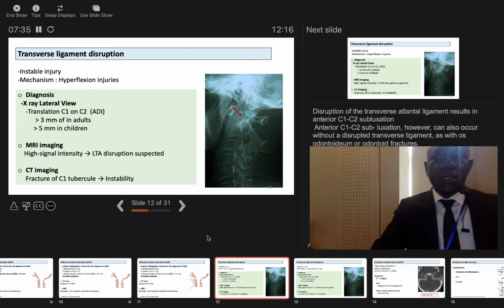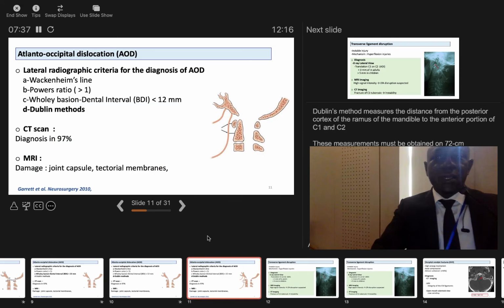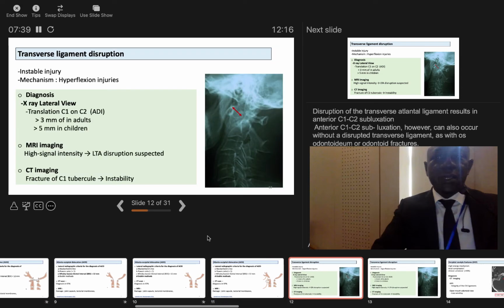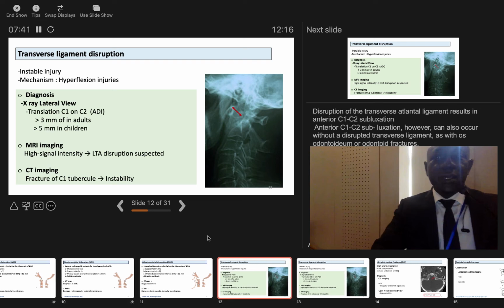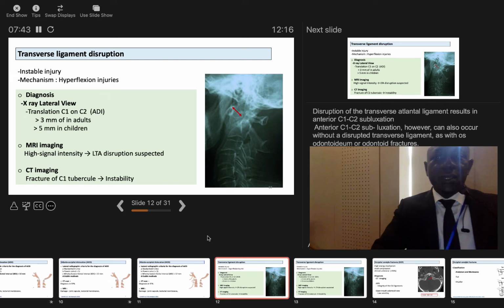The diagnosis can be made easily on lateral view, which can show a translation between C1 and C2 of more than 3 mm in adults and 5 mm in children.